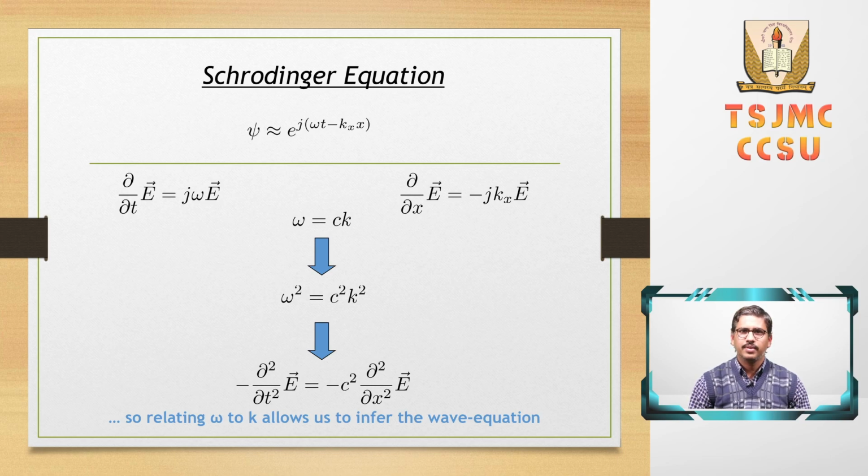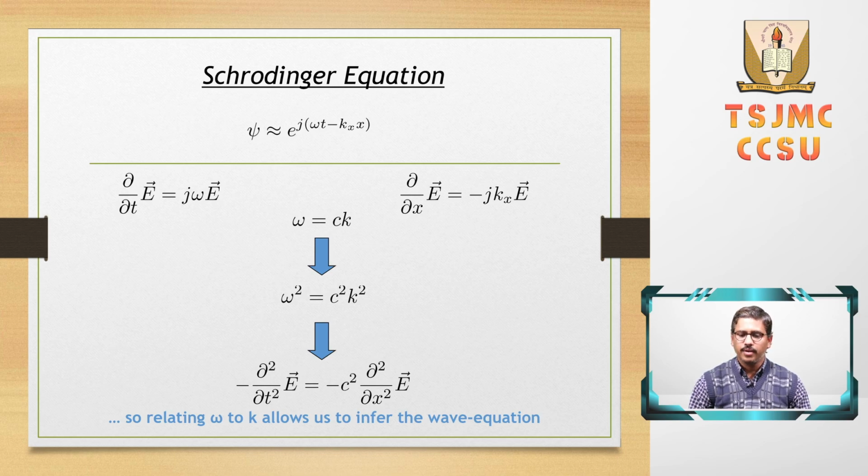Psi is some type of wave function, equal to e to the power i(omega t minus kx), where omega is the angular frequency, t is the time, k is the wave vector, and x is the direction in which the wave is propagating.